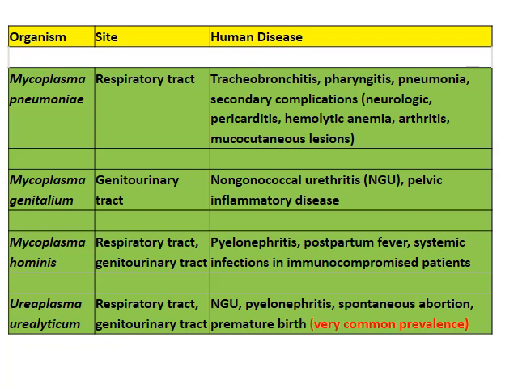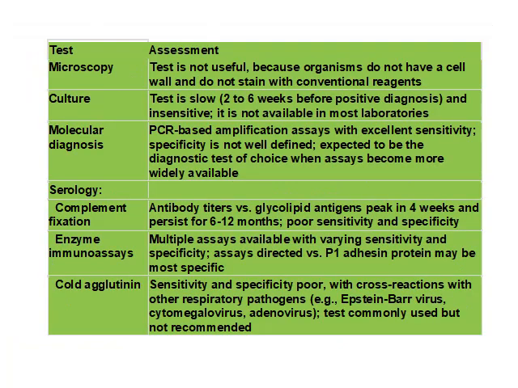Again, this is important because it affects both systems. It affects the respiratory tract and it affects the urinary tract. So non-gonococcal urethritis, NGU, and you can see it has pyelonephritis, spontaneous abortion, premature birth, and it does have a common prevalence in this country.